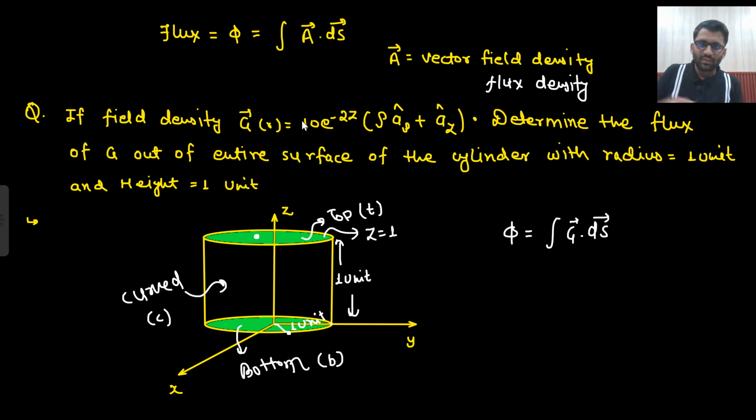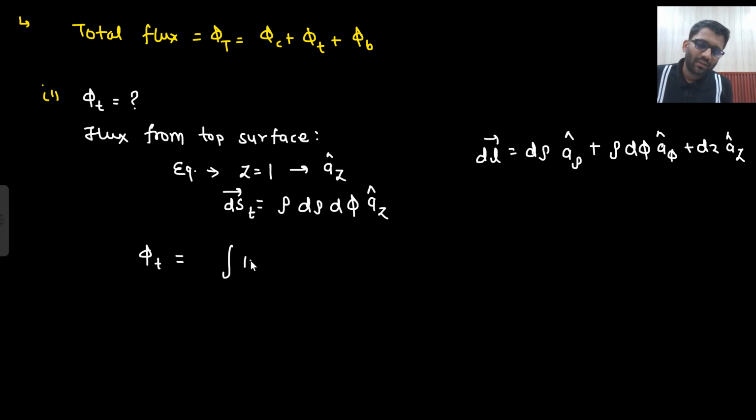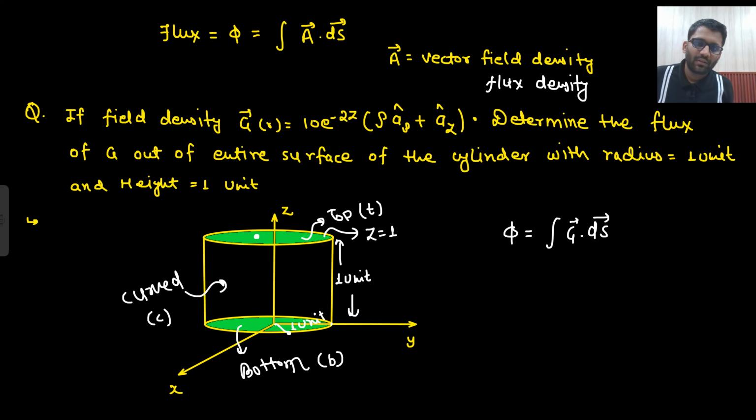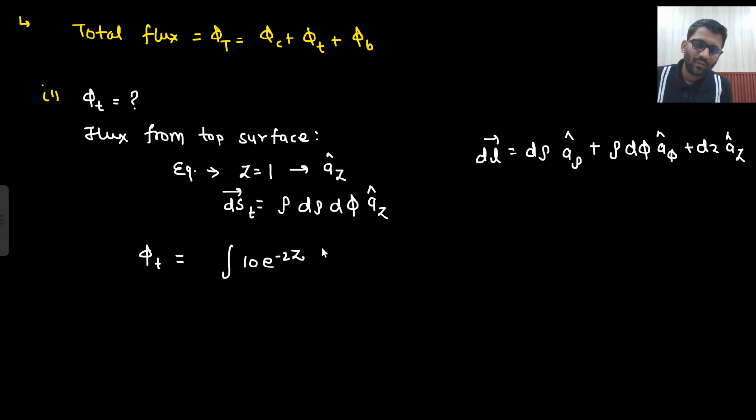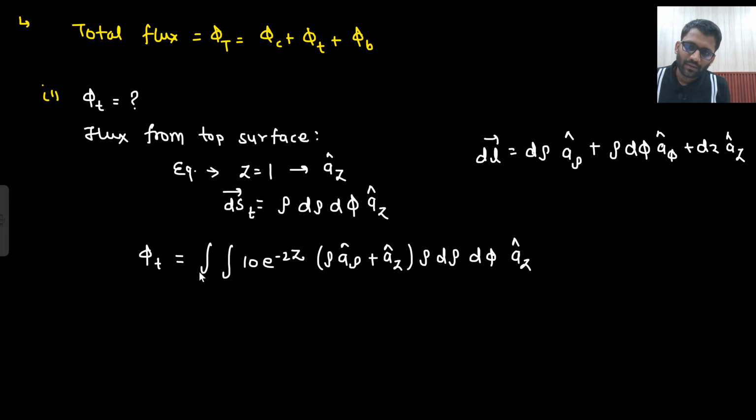So this is your G, that is tan e to the power minus 2z, rho arrow cap plus AZ cap, rho d phi AZ cap, and then rho is changing from 0 to 1 and phi is changing from 0 to 2 pi.